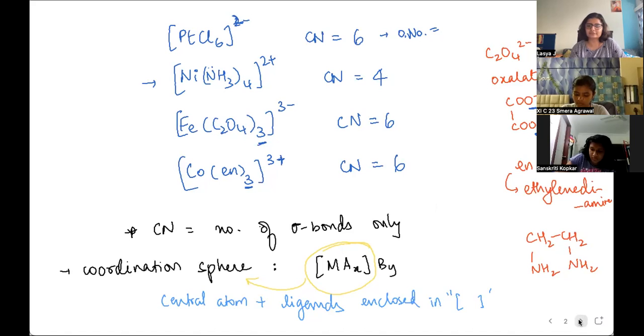Sanskriti, what are you doing? Oxidation number calculate nahi kiya? Ma'am, how did you figure out कि उस वाले में n का वो 0 होगा?